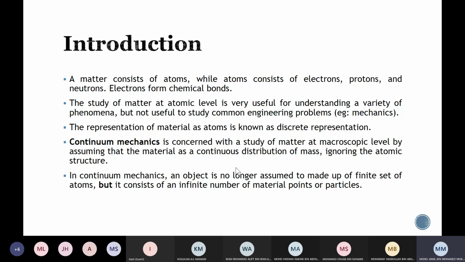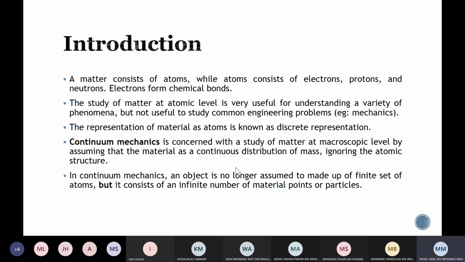But if you want to study the bigger picture of deformation of solids, for example, deformation of papan ke, deformation of bangunan ke, you don't need to understand atomic level. But many researchers actually study atomic level to investigate something else, a more detailed understanding about how atoms behave.